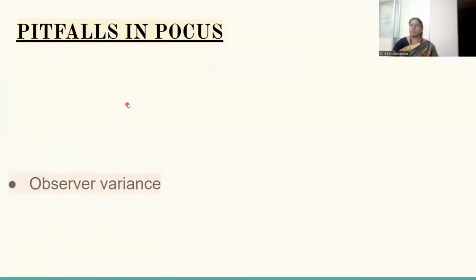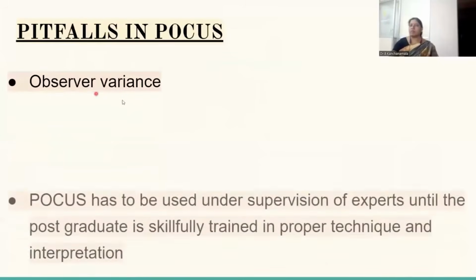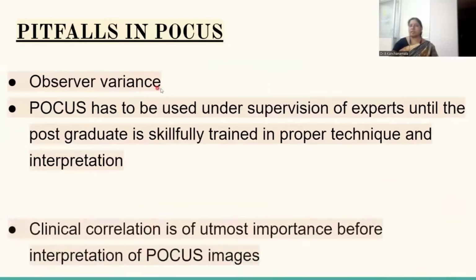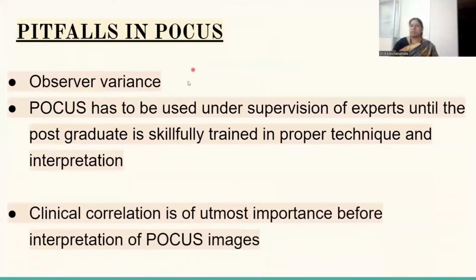So what are the pitfalls in POCUS? We see that there is observer variance. There is a variance when the same person does the scan the next time, which is intra-observer variance. And there is also inter-observer variance, where the images by two persons may not be the same.